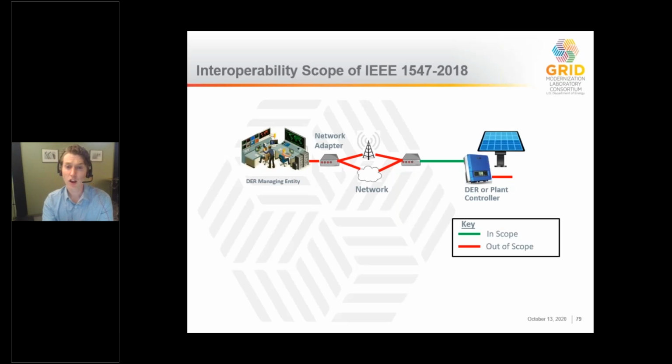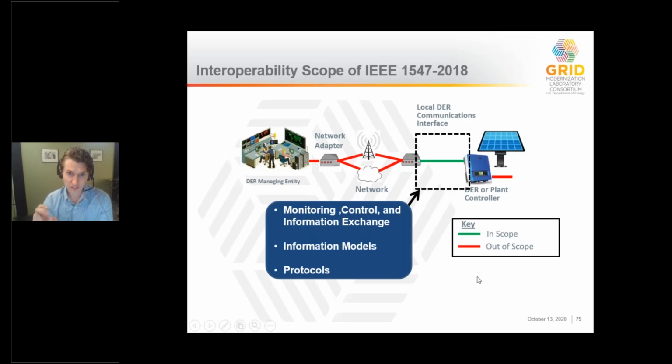Next slide, please. And in terms of what's in scope at that interface, it's really defining the monitoring, control, information exchange requirements, information models, so everyone's calling an apple an apple, so to speak. And then also the protocol, what language are we speaking in, French or German or English when we're referring to that apple. Next slide, please.